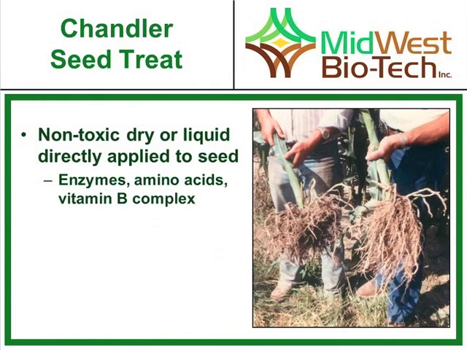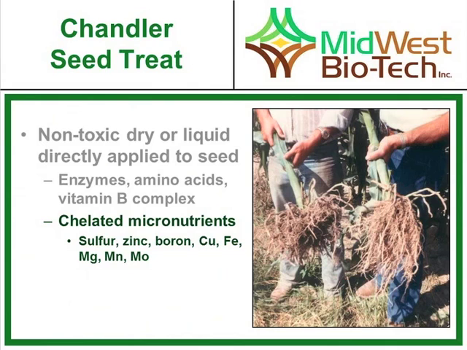There are also some amino acids and vitamin B complexes that help with the reproduction and growth of those colonies. We do include several chelated micronutrients, especially those that are critical for root and early plant development. So there's sulfur, zinc, boron, copper, which is very important for root growth, some iron, magnesium, manganese, and molybdenum. All of those are enzyme activators.